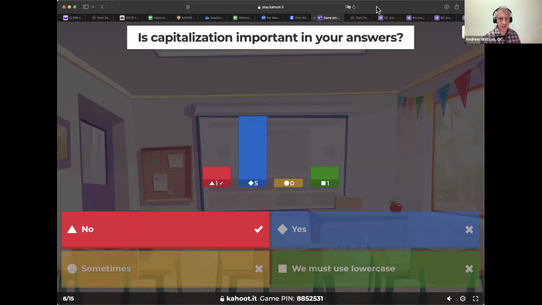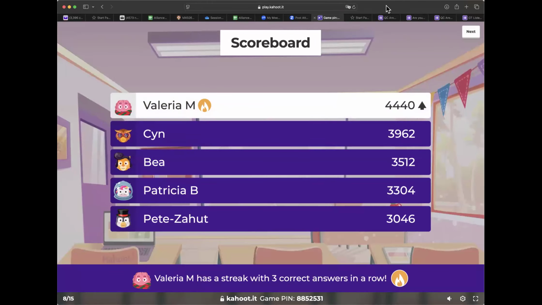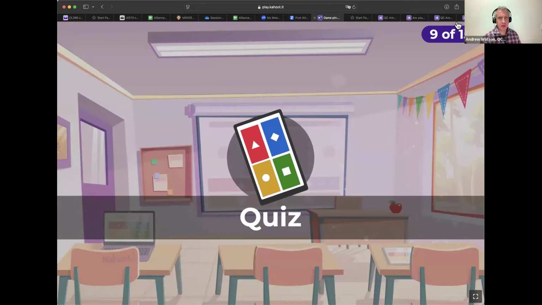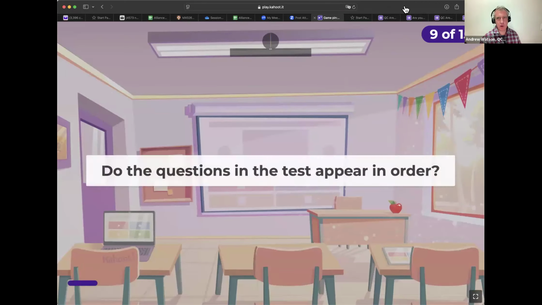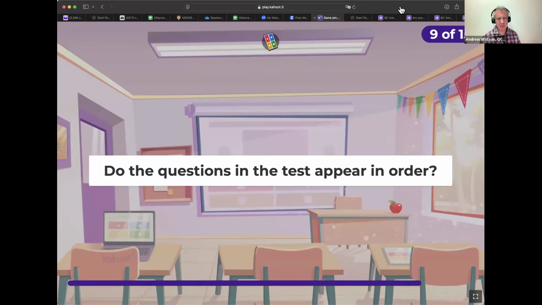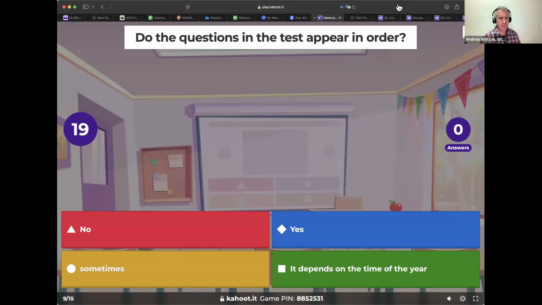Yeah, I'm pretty sure this is actually right, that capitalization is not important. But feel free to check. When you transfer the answers to the answer sheet, they say you have to write in capital letters. So I think it is important. Okay, but will you actually be penalized for not doing that? I don't know.